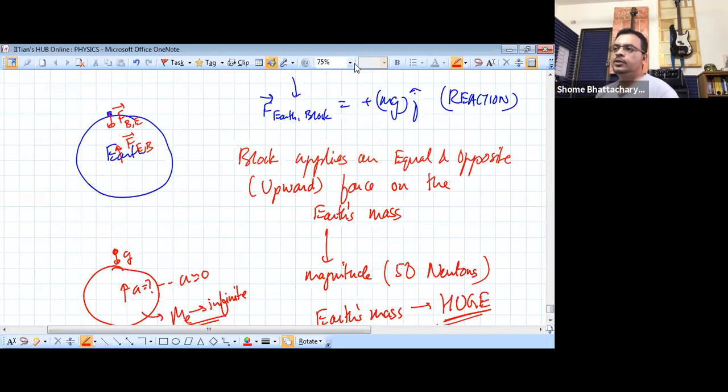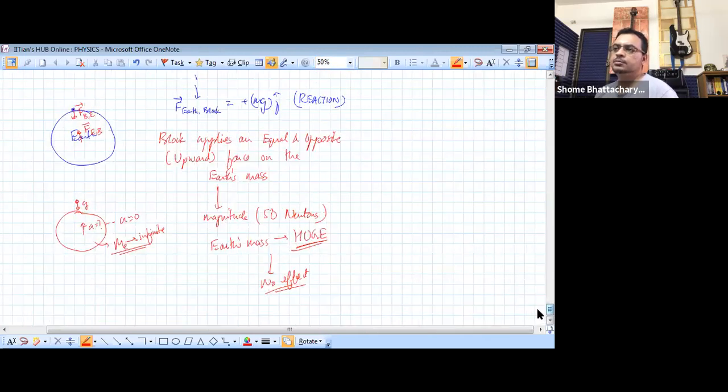Okay. So the whole point of action-reaction principle over here is that every action has an equal and opposite reaction.